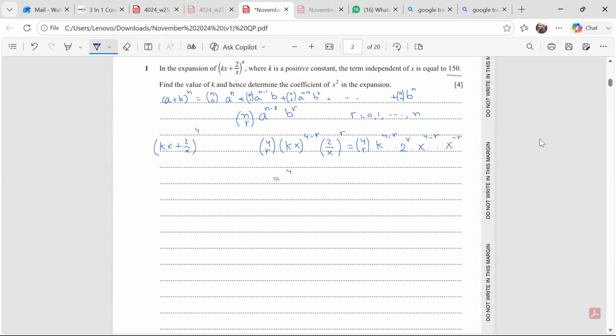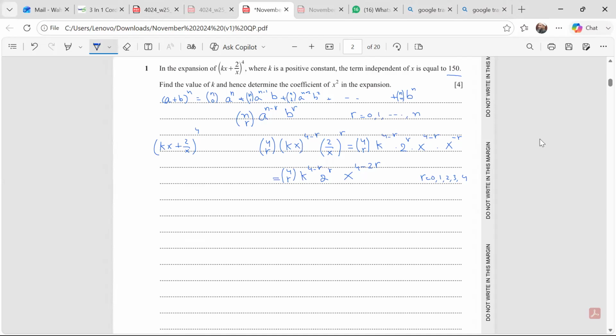So again, 4 combination r, k to the power 4 minus r, and 2 to the power r are all constants. They are just a number. And x to the power 4 minus r minus r is 4 minus 2r. So this is the general term when we expand this expression. And you know that r is going to be 0, 1, 2, 3, and 4.